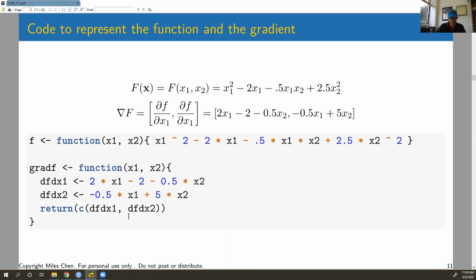I put those together into a single vector, and I guess the return is actually unnecessary, but we return a vector with the two components.